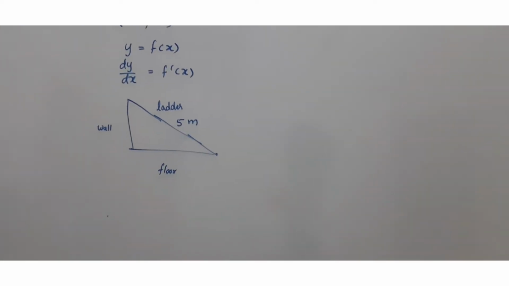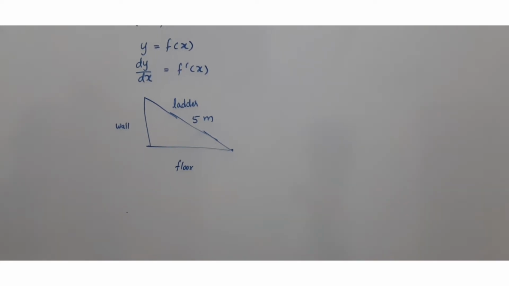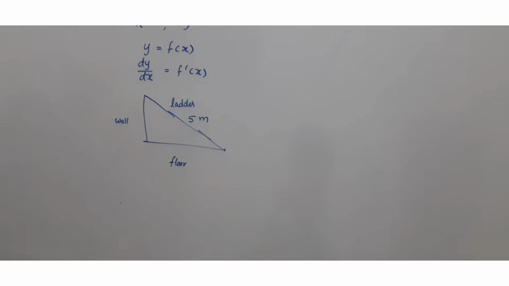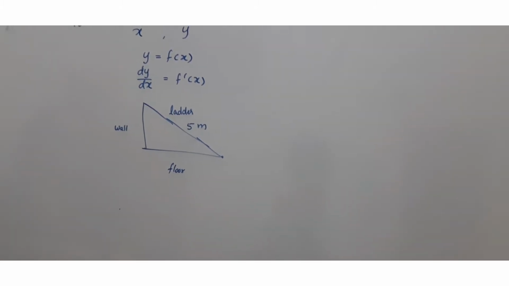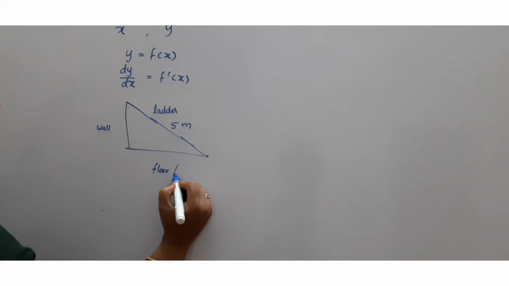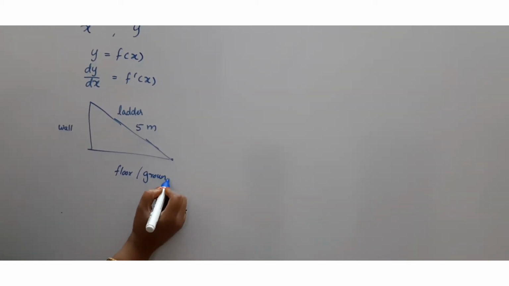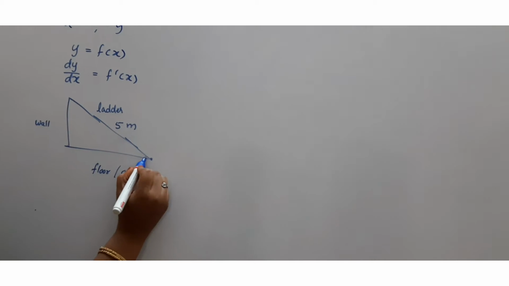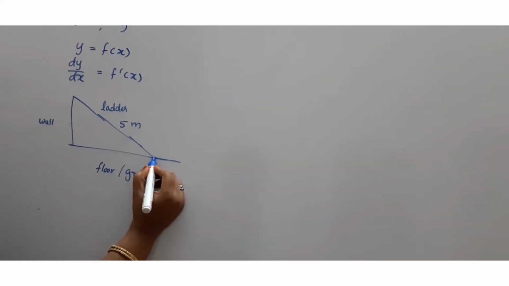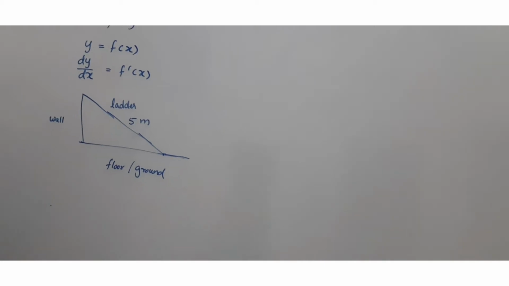They have given: the bottom of the ladder is pulled along the ground away from the wall at the rate of 2 centimeter per second. Okay, they have given the value about the change of the position of the bottom of the ladder.